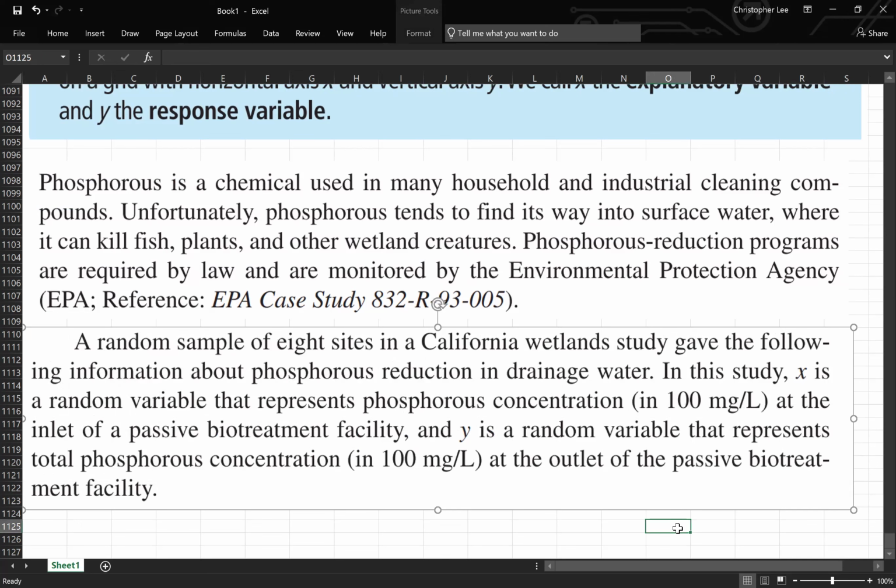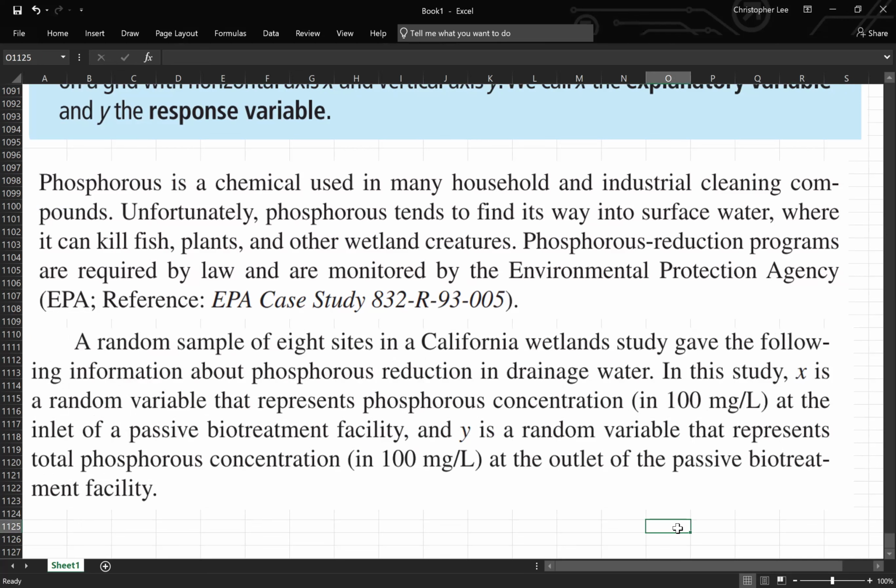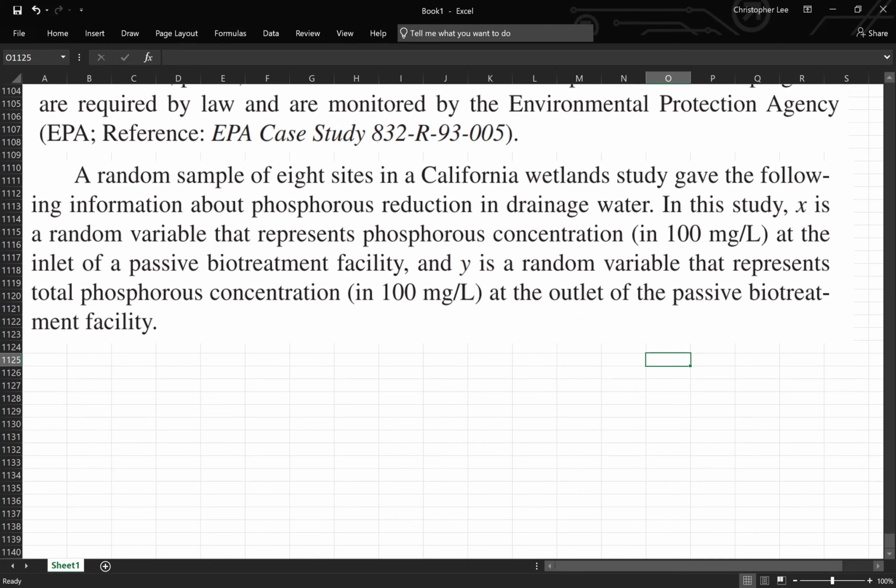here we go. A random sample of 8 sites in a California wetland study gave the following information about phosphorus reduction in drainage water. In this study, x is a random variable that represents phosphorus concentrations in 100 milligrams per liter at the inlet of a passive biotreatment facility, and y is a random variable that represents the total phosphorus concentrations in 100 milligrams per liter at an outlet of the passive biotreatment facility.